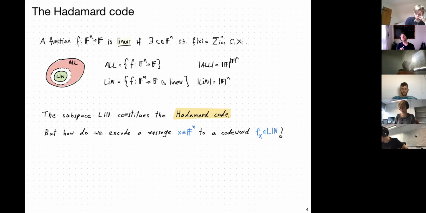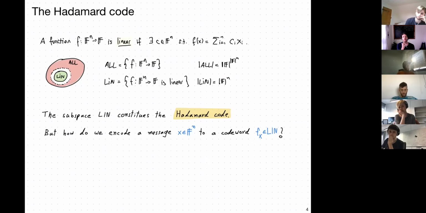What we'll want to do is start with some NP language, maybe 3-coloring, maybe 3-SAT, and encode it into a Hadamard code word. So how do we start with just some bits of information and encode it into a linear code word? Does anyone have a suggestion?